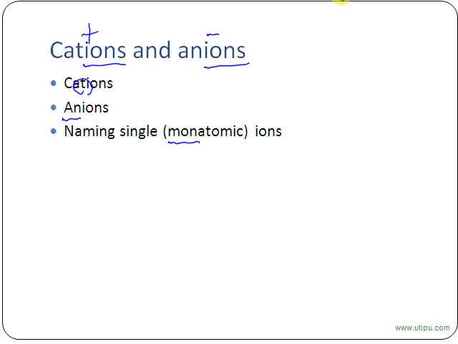For cations, the name in any compound is just the name of the element, so it would just be sodium. If we looked at strontium, a little bit lower, a little bit farther to the right, you see it as +2. Also a cation, so we'd say it's just strontium.